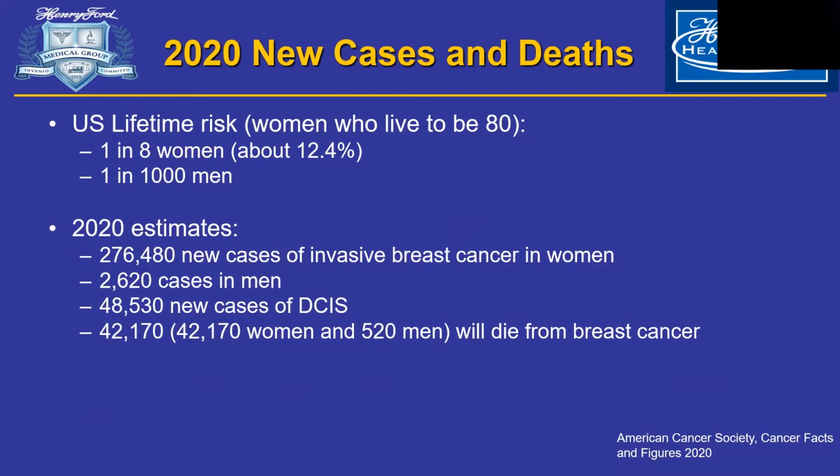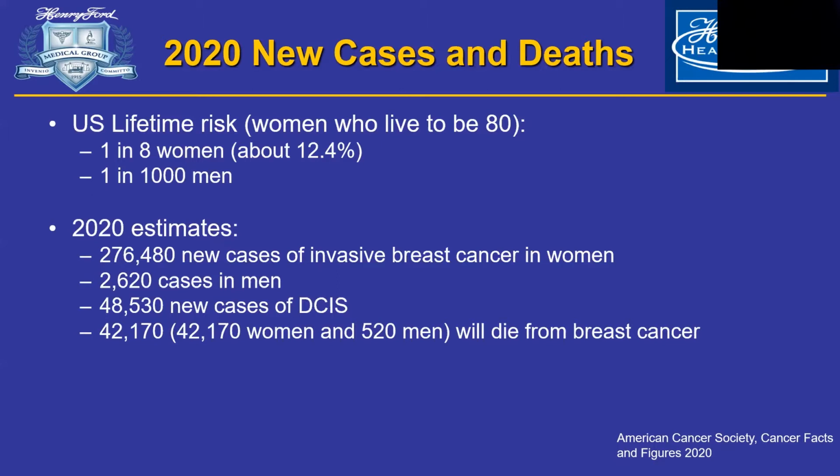So the new cases and deaths in 2020, and these are obviously estimated, and this is from the American Cancer Society. The US lifetime risk for women who live to 80 is 1 in 8, so about 12%. Everyone hears that statistic, particularly during Breast Cancer Awareness Month. In regards to men, about 1 in 1,000 men.